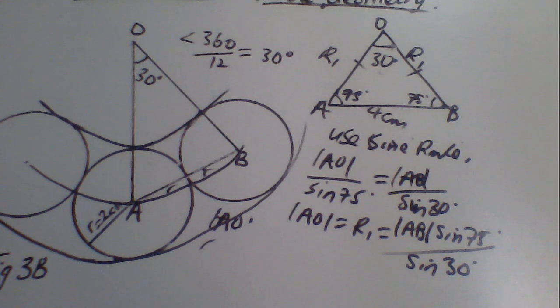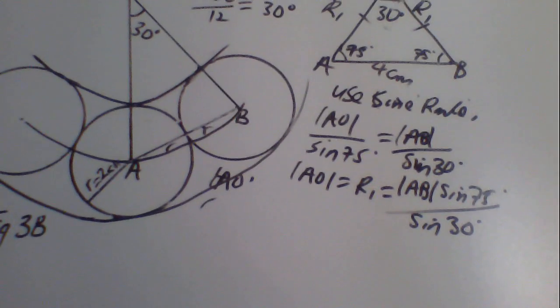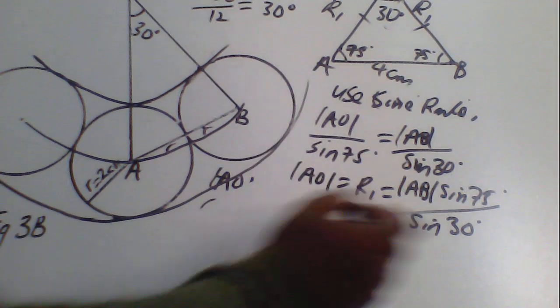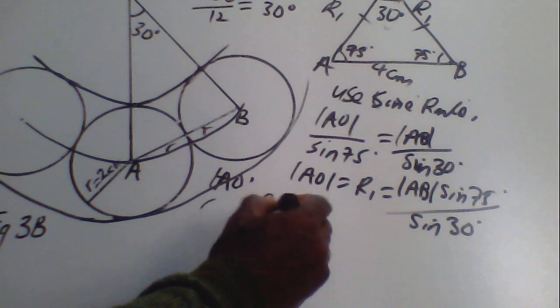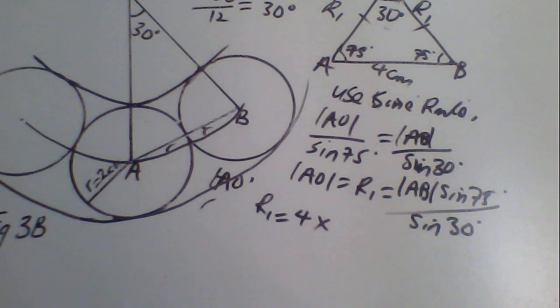So solve it. You have two ways to do that. You may leave your answer in surd form, and from here we can substitute our values. R1 is equal to 4 times sine 75 divided by sine 30. You can do the conversion immediately. Find sine 75 in surd form, or use your calculator to find it.